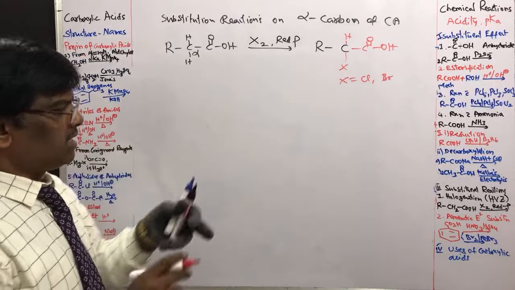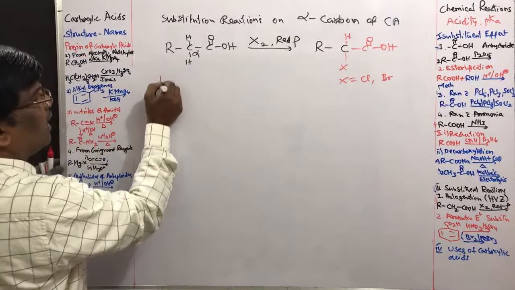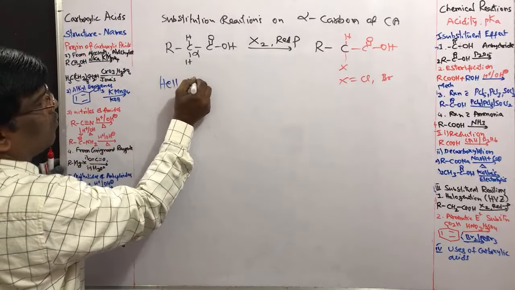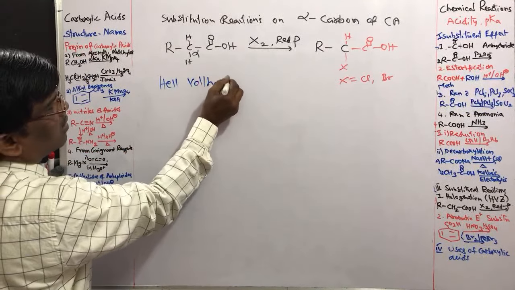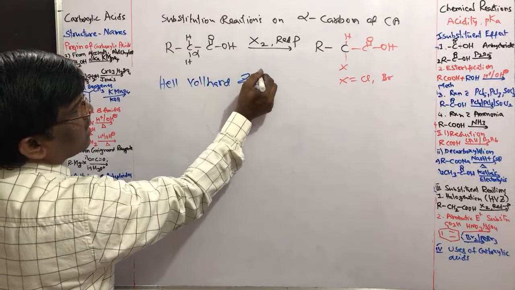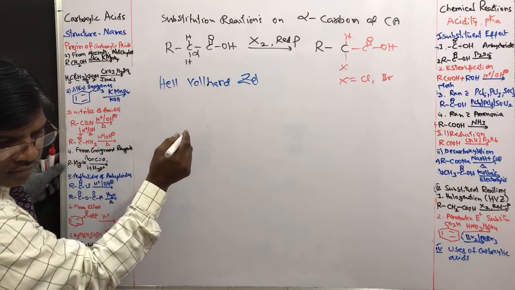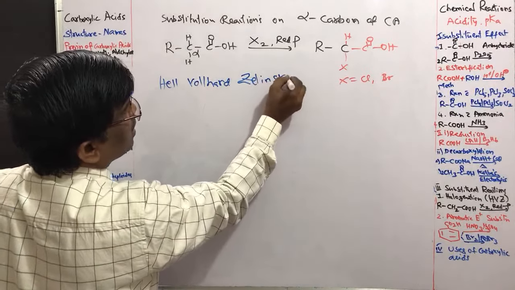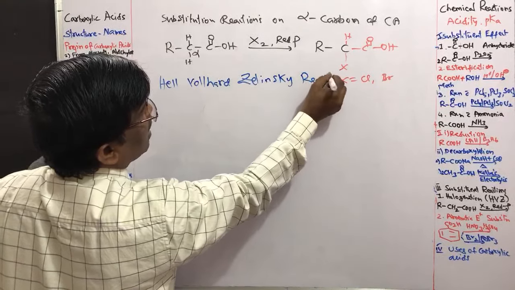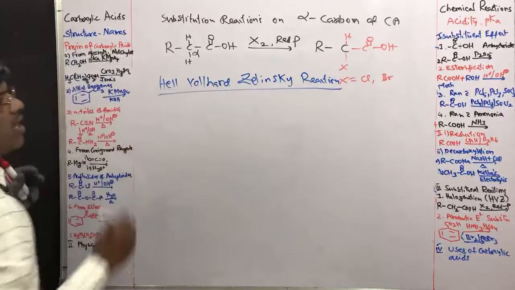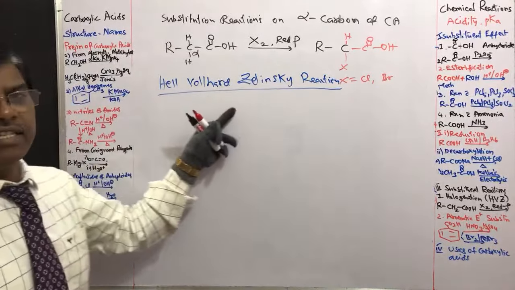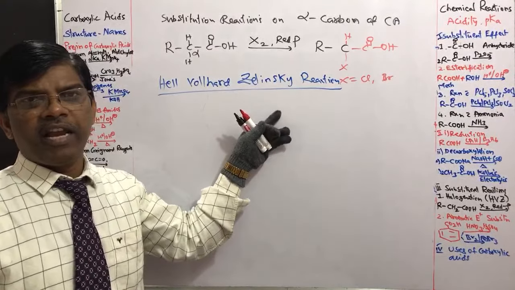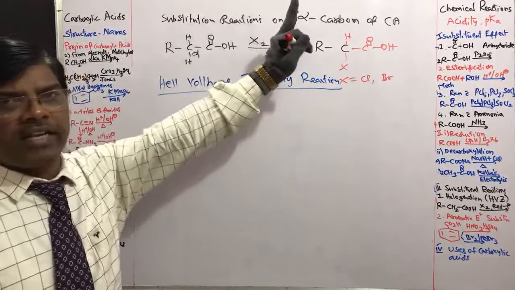Right? So this reaction is known as the Hell-Volhard-Zelinsky reaction. Dear students, I have already made a video on name reactions. Under name reactions, the HVZ reaction, there I have explained the mechanism in detail with a number of examples.